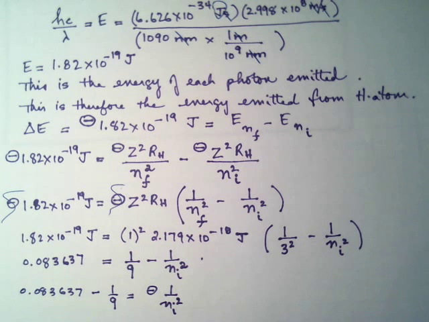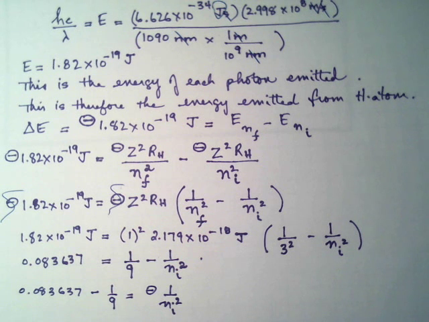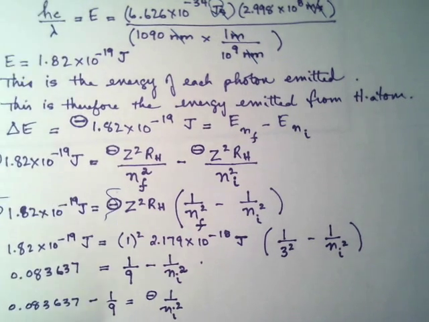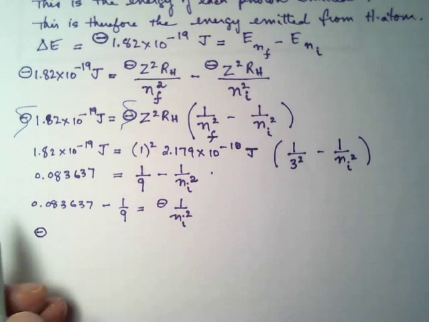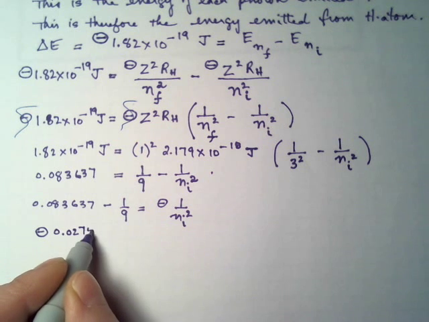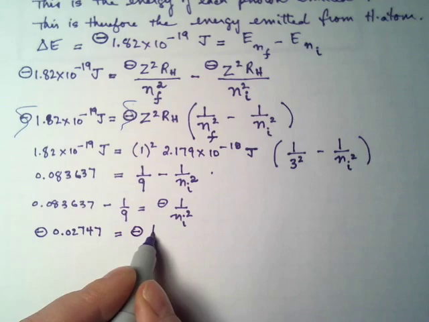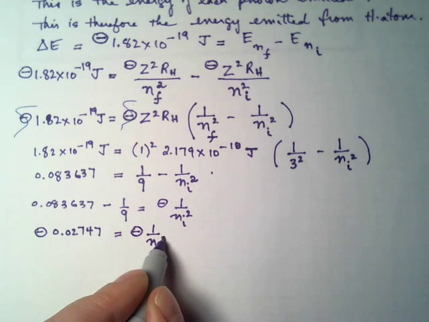Okay, so I still have this number in my calculator. I'm going to subtract from it 1/9, which is 0.1111 repeating. And so I get a negative 0.02747, equals a negative 1 over n initial squared.